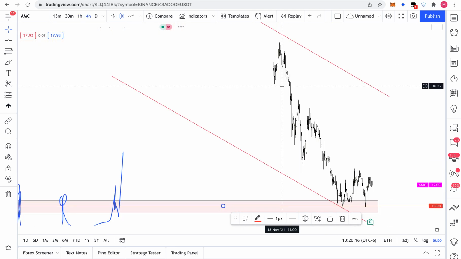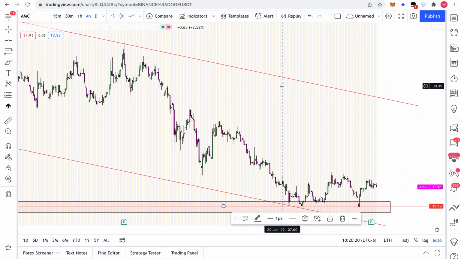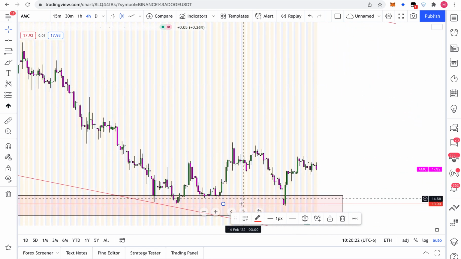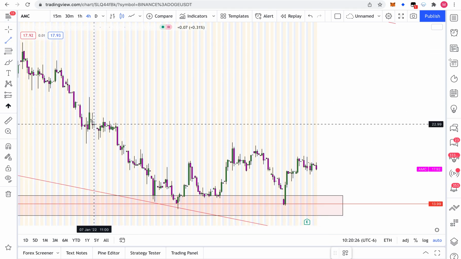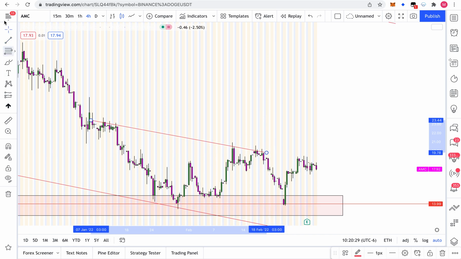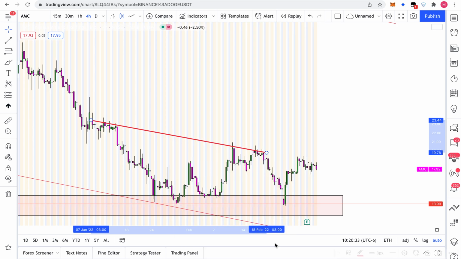Now, I'm just going to go into the 4-hour chart, see it a little bit zoomed out for you guys. And what I'm going to do is draw out the signature trade. So right now, what I see in front of me is a beautiful signature trade.